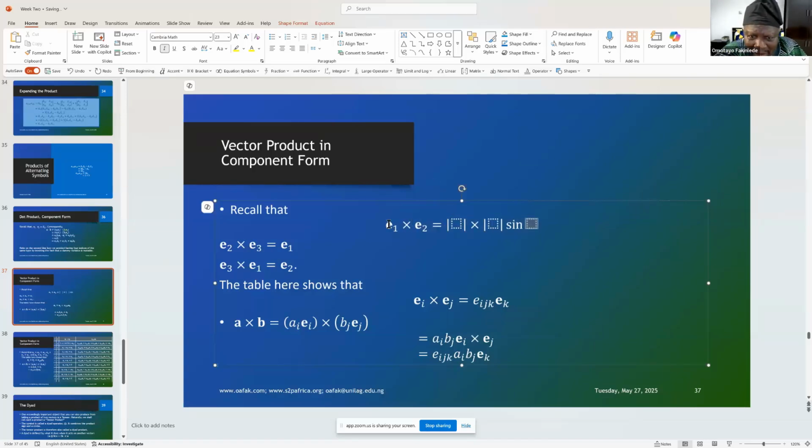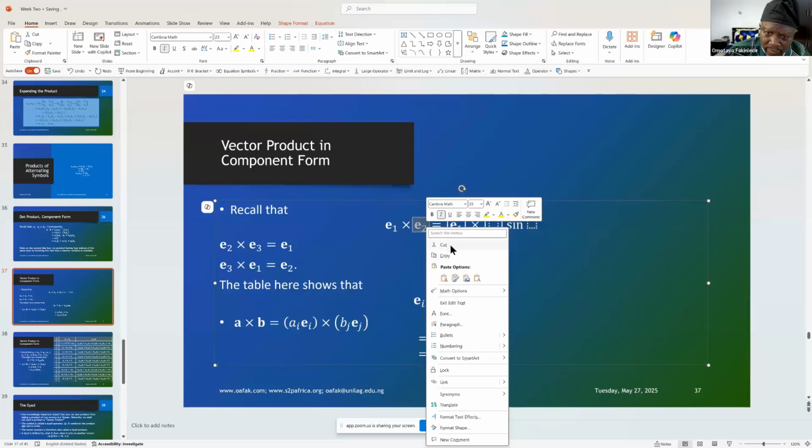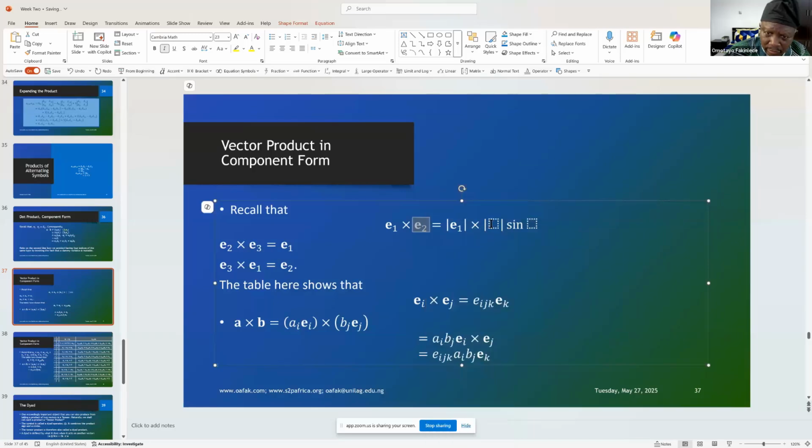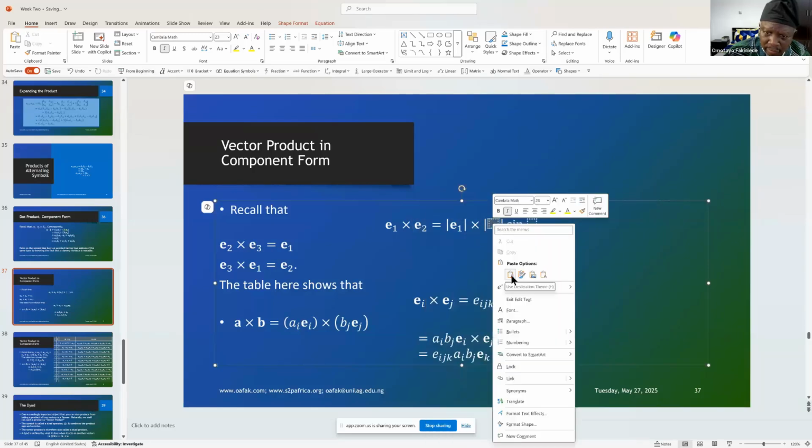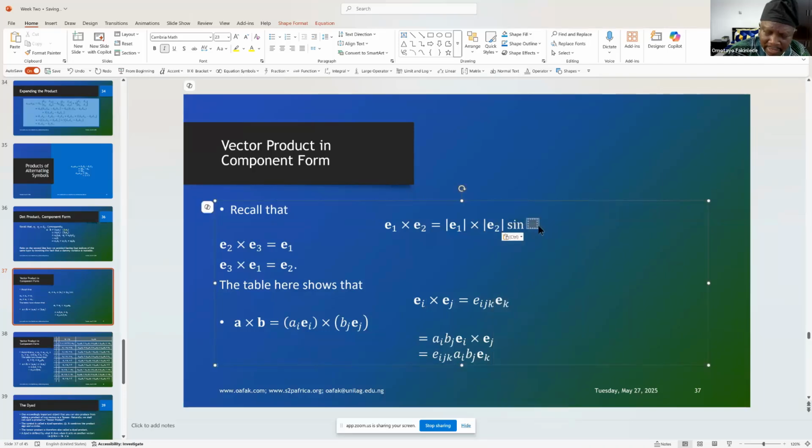So what is E1 cross E2? It is the magnitude of E1 times the magnitude of E2 times the sine of the angle between them, 90.